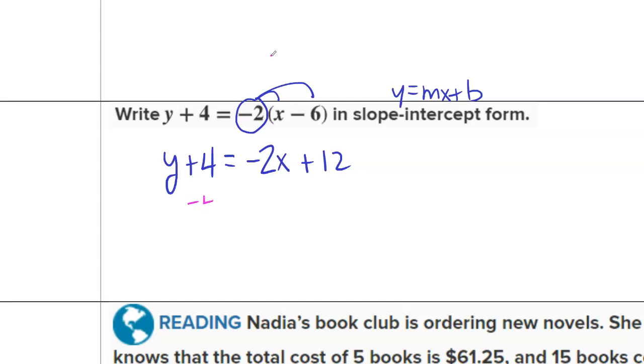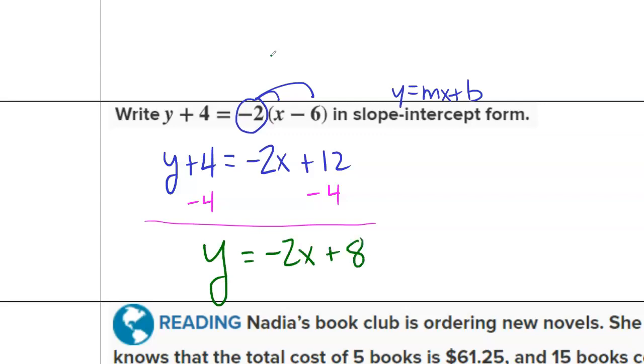And we'll go ahead and subtract the 4 to get y all by itself. And that should do it. So we should have y equals negative 2x plus 8. And there's slope-intercept form. So our slope is negative 2. Now we know our y-intercept has to be 8 as well. All right, that's it.